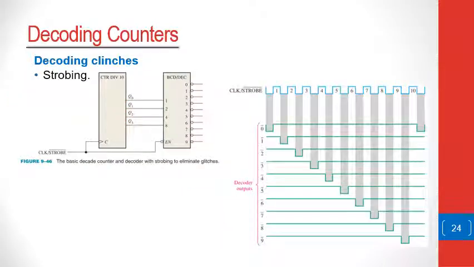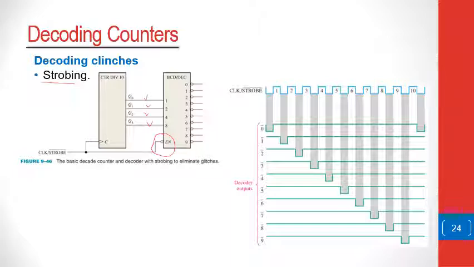In order to prevent such occurrences, one of the techniques that's used is called strobing. Strobing simply means that the decoder circuit is disabled up until the outputs of the counter have settled.